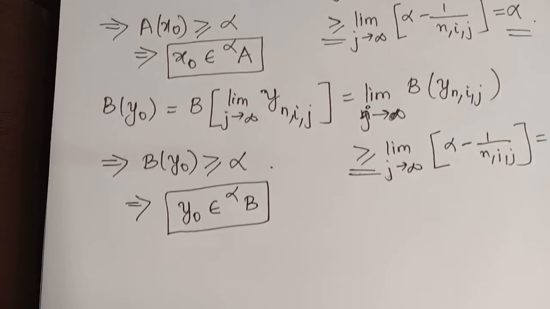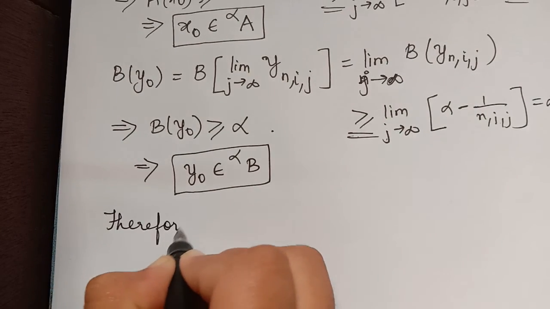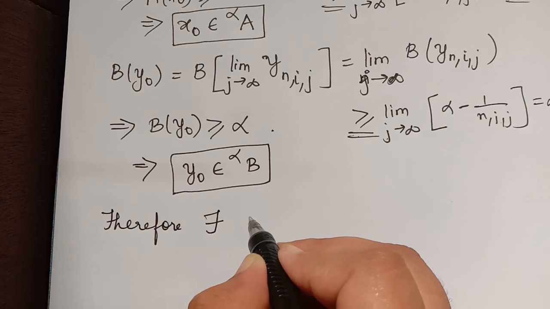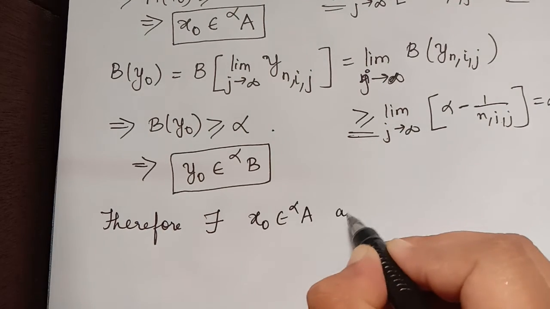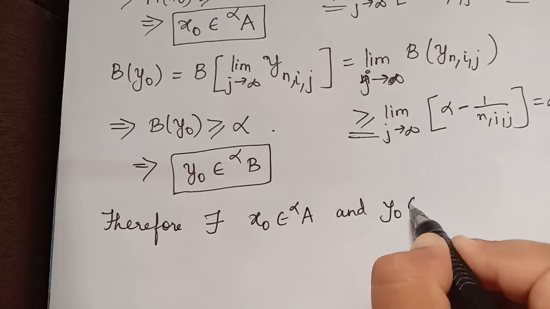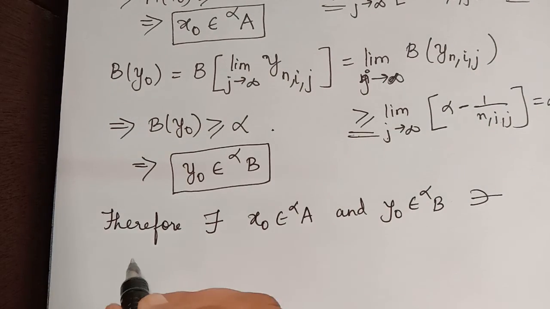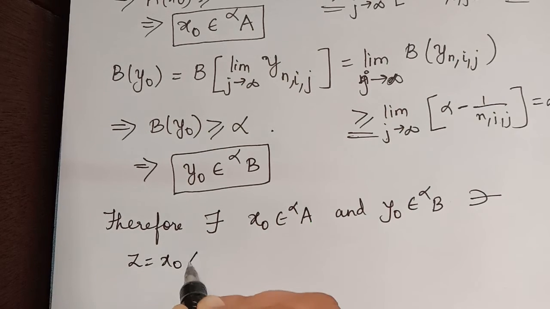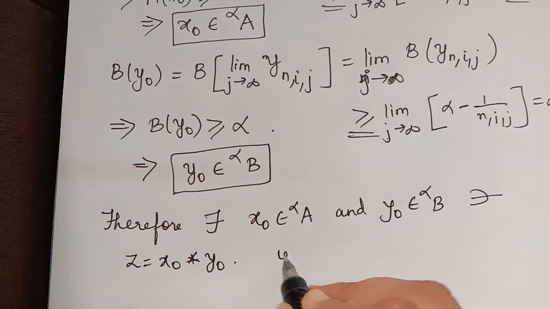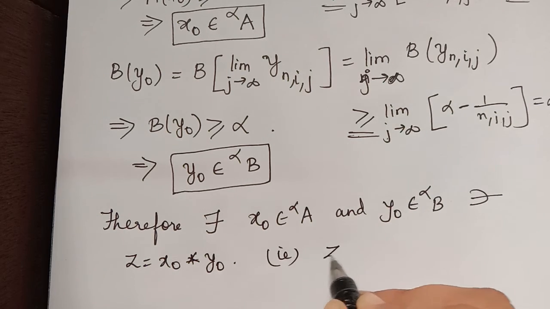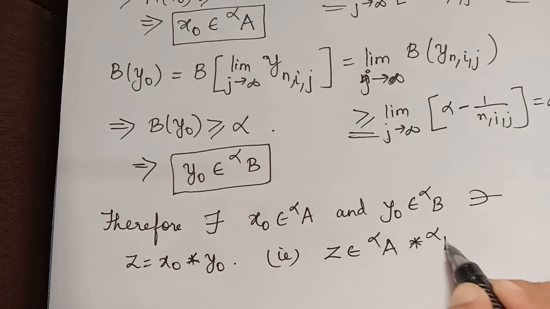So therefore there is x naught an element of alpha cut of a and y naught an element of alpha cut of b, such that z is equal to x naught star y naught. So this implies that z is an element of alpha cut of a star alpha cut of b.